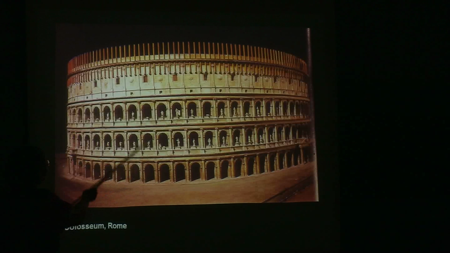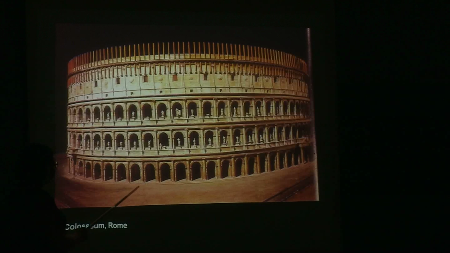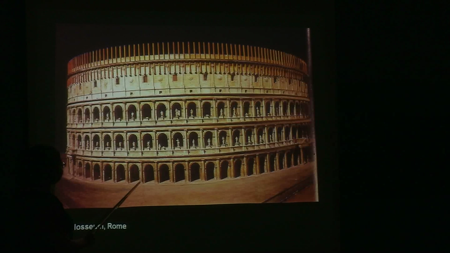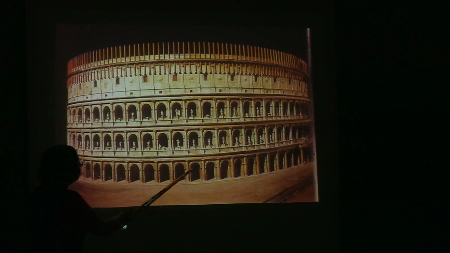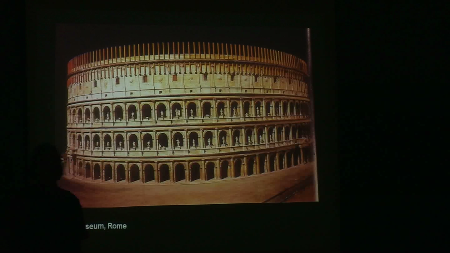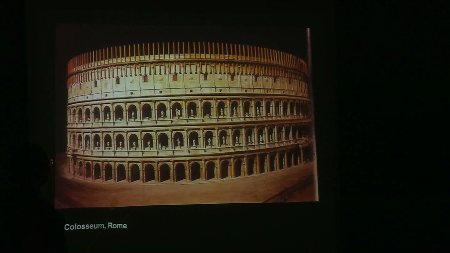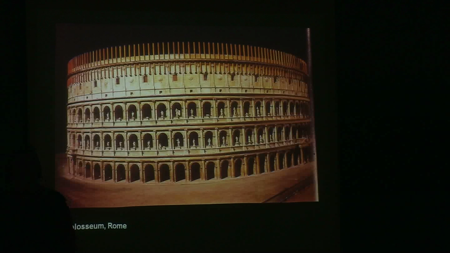It is raised in 3 stories, and each one of the stories, as we already mentioned, is further articulated with applied, non-freestanding, decorative, non-structural, classical orders. The Colosseum is a great propagandistic building, begun under the Emperor Vespasian. You don't need to remember the name of the emperor.